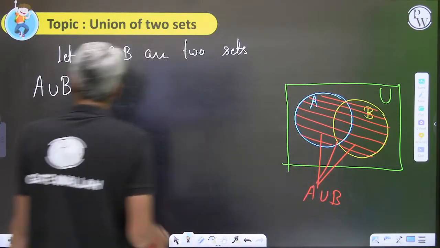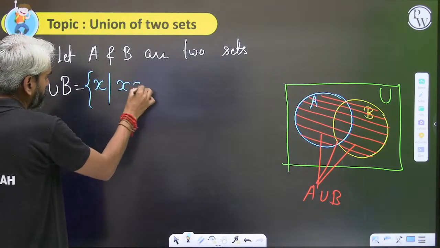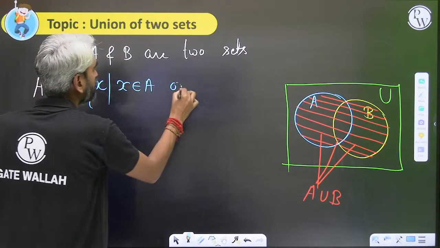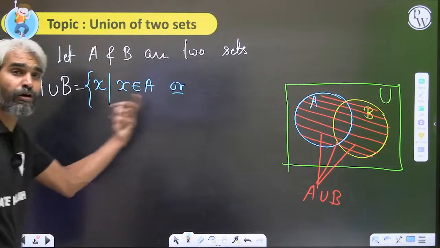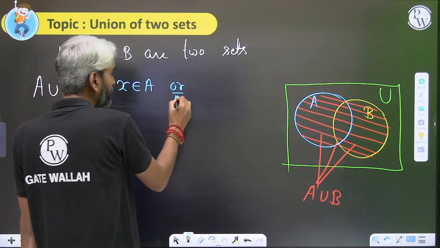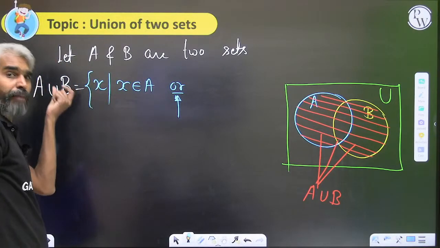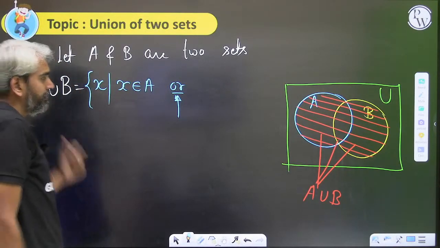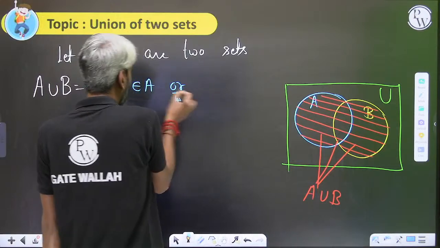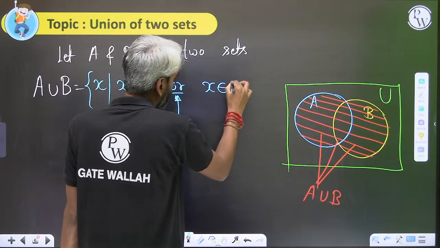Sir, A union B is nothing but the set of elements X such that X belongs to A or X belongs to B. So if the element X belongs to any of these two sets A or B, that is, this OR should return true. Whenever this OR returns true, for whichever element it returns true, that element will be a part of your union A union B, right? So either X should belong to A or X should belong to B.